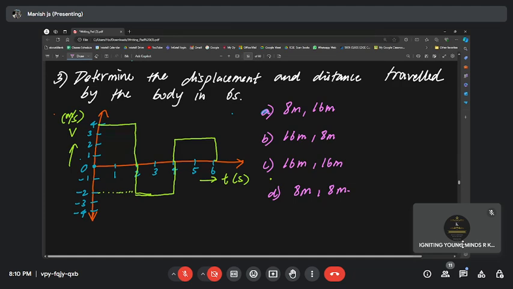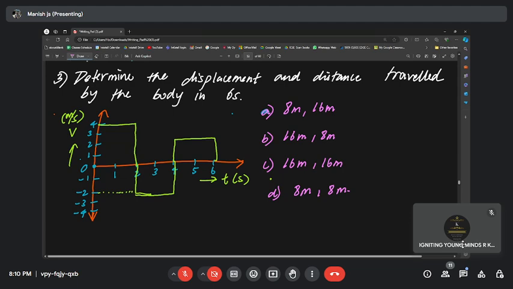Try this question and tell me the right answer. You will have to compute the value from the graph. This is graphical interpretation.